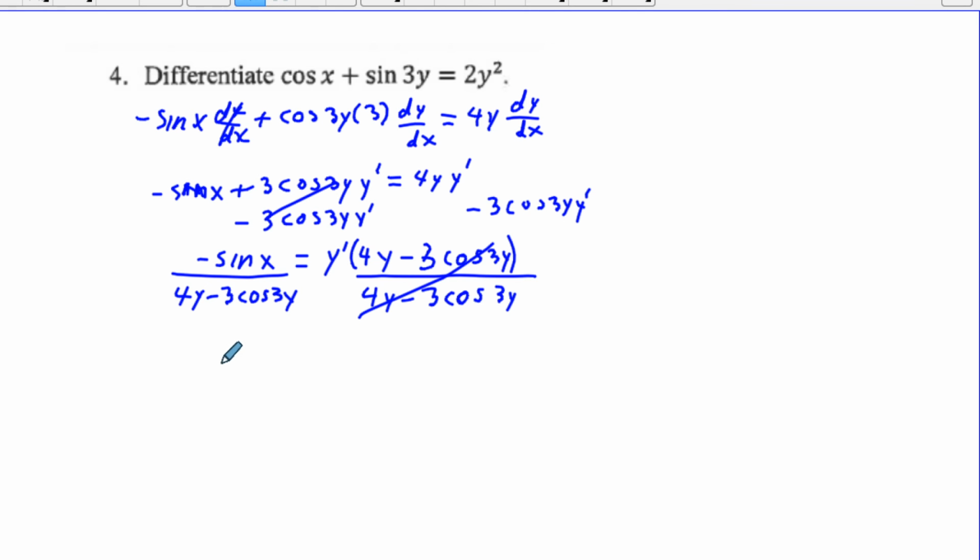So I'm just going to rewrite everything now. Y prime is equal to negative sine x over 4y minus 3 cosine 3y.